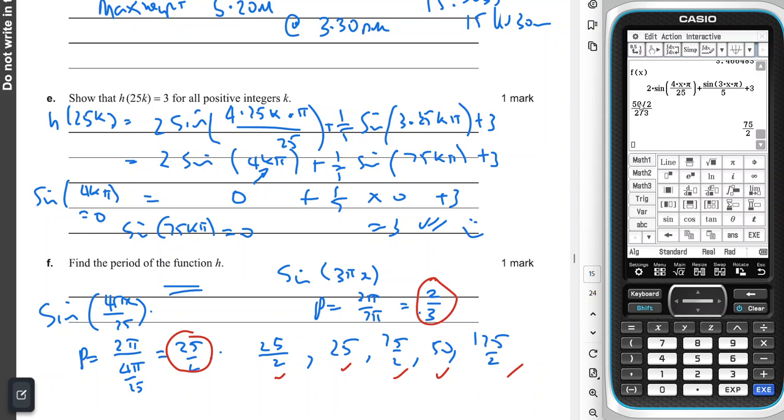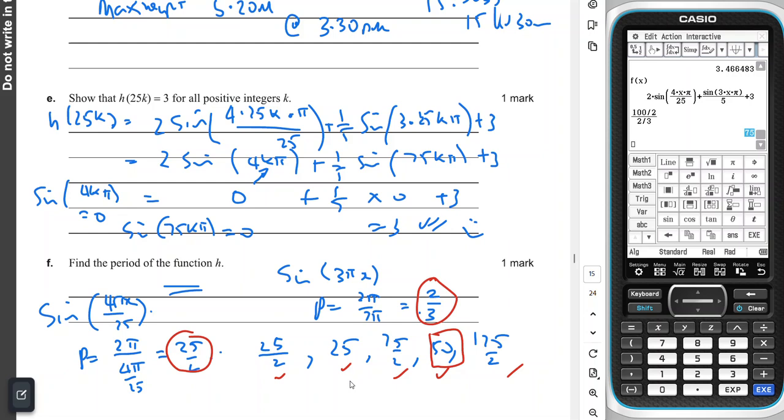That doesn't go wholly. Let's try 75 on 2. That doesn't go wholly. Let's try 100 on 2. Oops, 75. So 50 is the period. And that will be in hours.